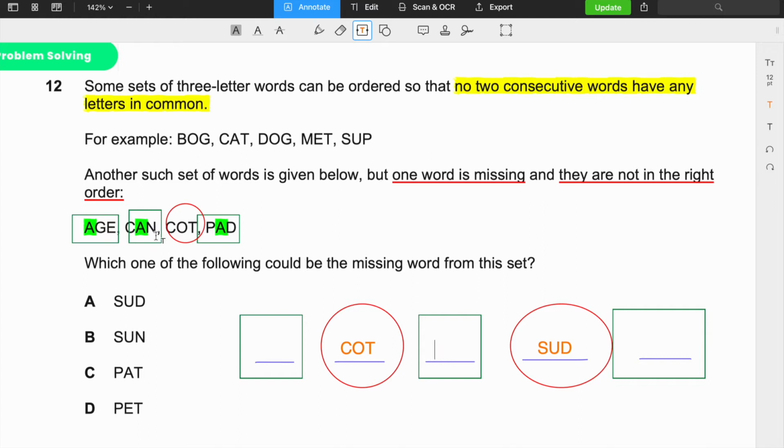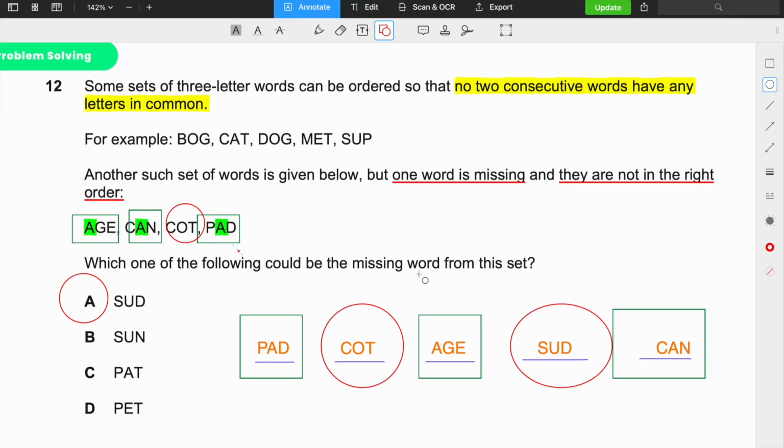Yeah. Can go here? No, it can't, because can shares a C. So can can't be next to cot. Can has to be all the way there. So age can go there. And then can pad go here? Yeah, perfect. We worked it out. So we know that option A works. It's provided us with a viable sequence which has fulfilled this rule. And so we can move on.